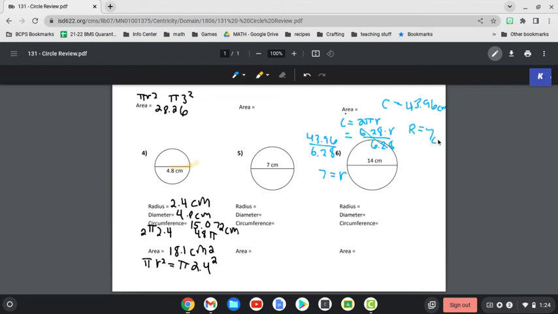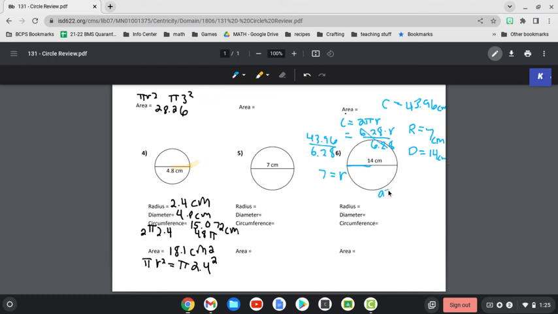If our radius is 7, remember radius goes halfway across the circle. It starts in the center and goes out to the edge. To find the diameter, you just double it. The diameter goes all the way across and cuts the circle in two. So 7 times 2 is 14. And there's our diameter.